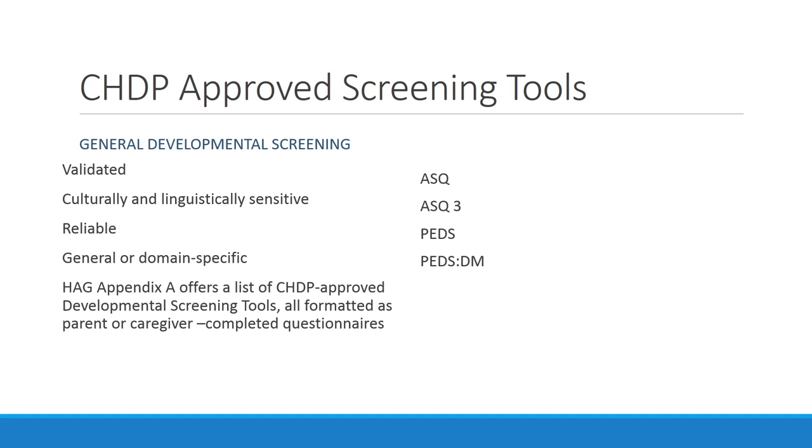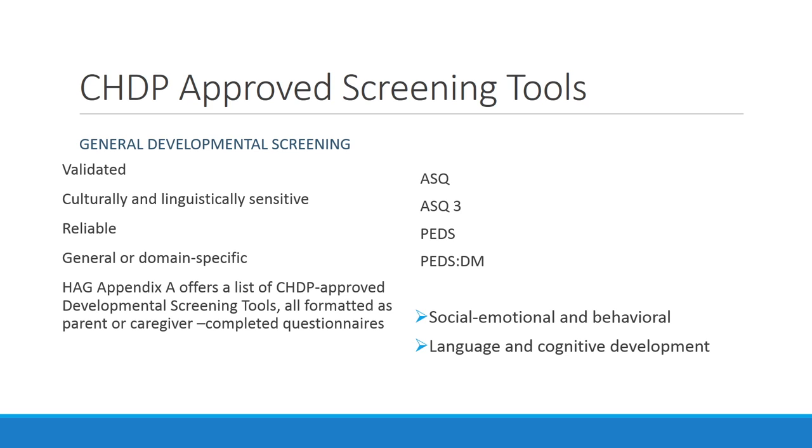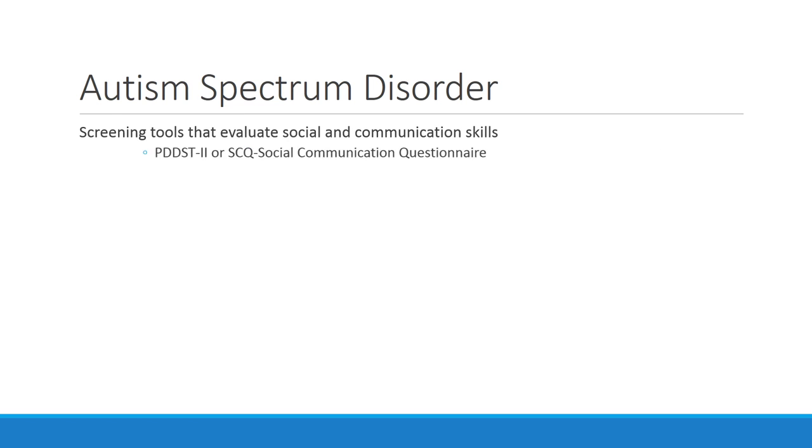There are also approved screening tools for cases where surveillance reveals a need for further evaluation in any of the following categories: social, emotional, and behavioral, language and cognitive development, and motor skills. Finally, if you suspect a child might have autism spectrum disorder, the HAG recommends either the MCHAT, PDD-ST2, which stands for Pervasive Developmental Disorders Screening Test, or the SCQ, Social Communication Questionnaire.